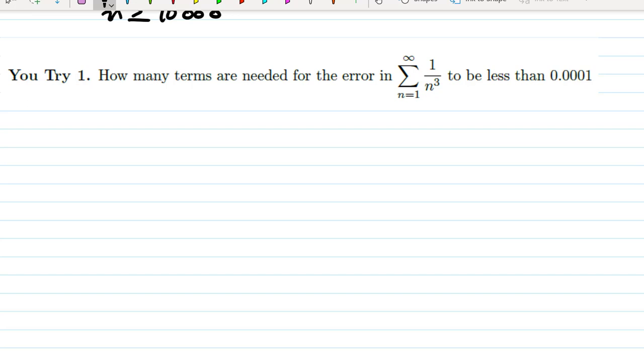We're pretty much going to have the same thing, but our integral is going to be a little bit different, so it's going to be the integral from n to infinity of 1 over x cubed dx, and we need this to be less than or equal to 0.0001, so tenths, hundredths, thousandths, 10,000ths again.